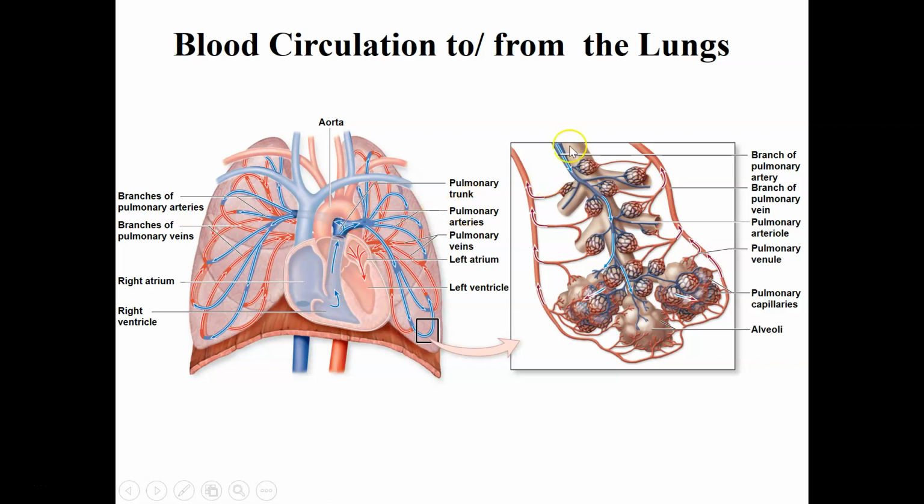Those arteries deliver blood to the pulmonary capillaries that are surrounding the alveoli. That's where the blood is going to pick up oxygen. It's going to circulate away into the pulmonary venules and eventually to the pulmonary veins, returning blood back to the left atrium. That's the pulmonary circulation. Pulmonary arteries carry deoxygenated blood, pulmonary veins carry oxygen-rich blood.